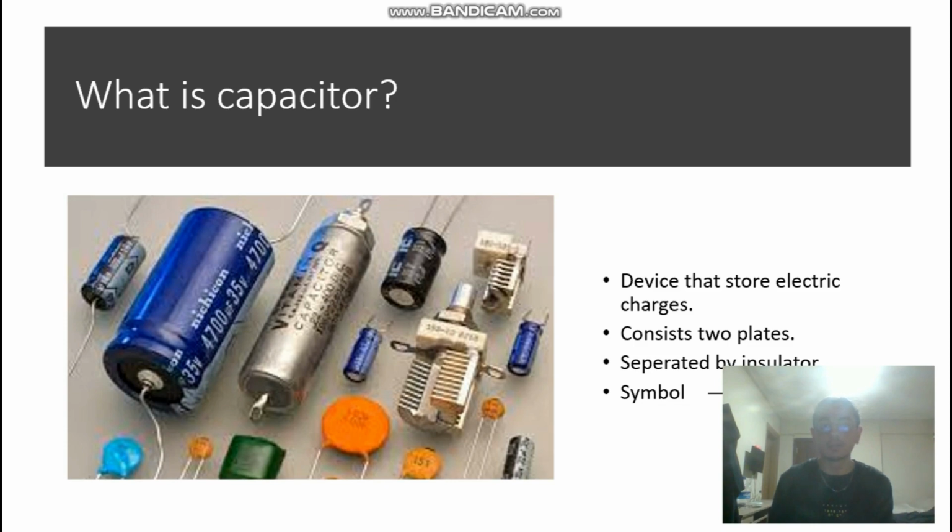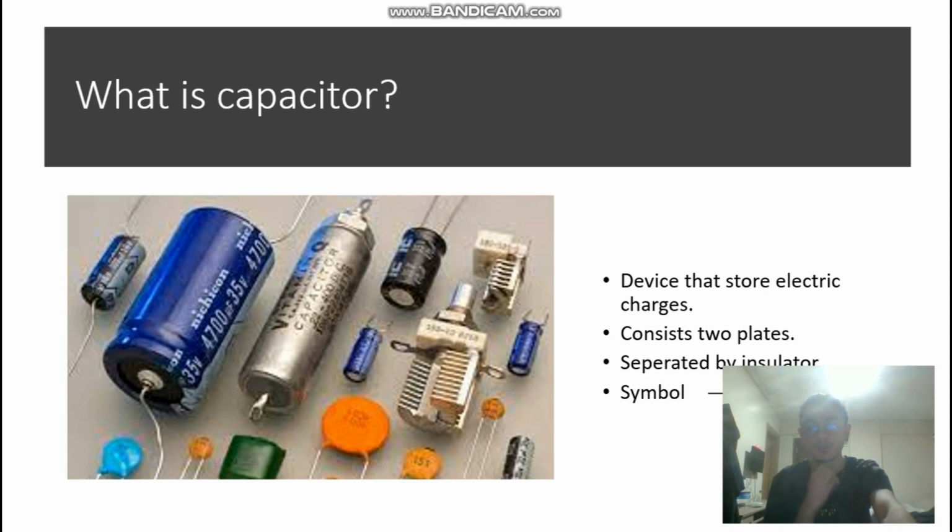Hence, a capacitor has two plates separated by a distance, having equal and opposite charges.